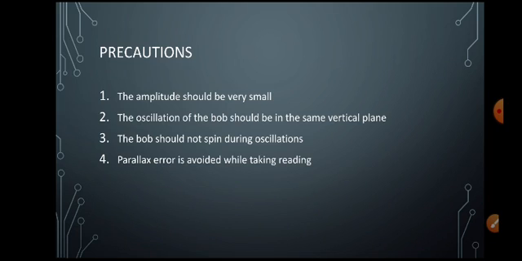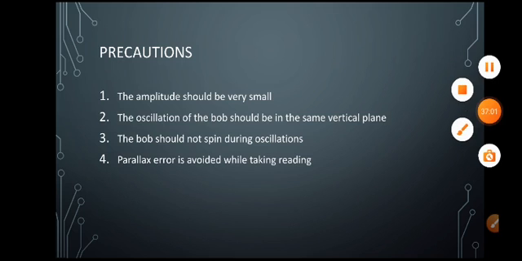And the precautions you should follow. What are the precautions for the Vernier calipers experiment and the simple pendulum experiment? Because we are using two devices here, the simple pendulum as well as Vernier calipers, for the determination of the diameter of the bob.